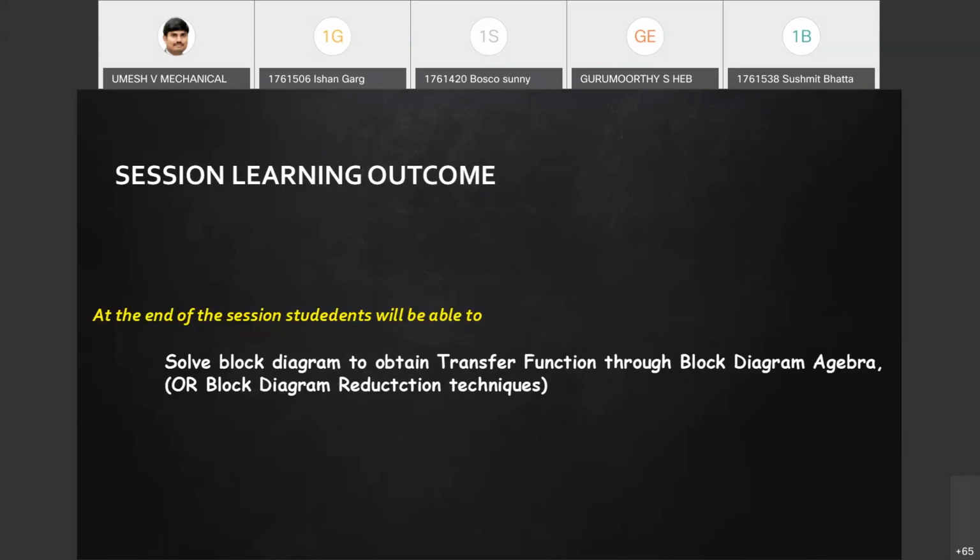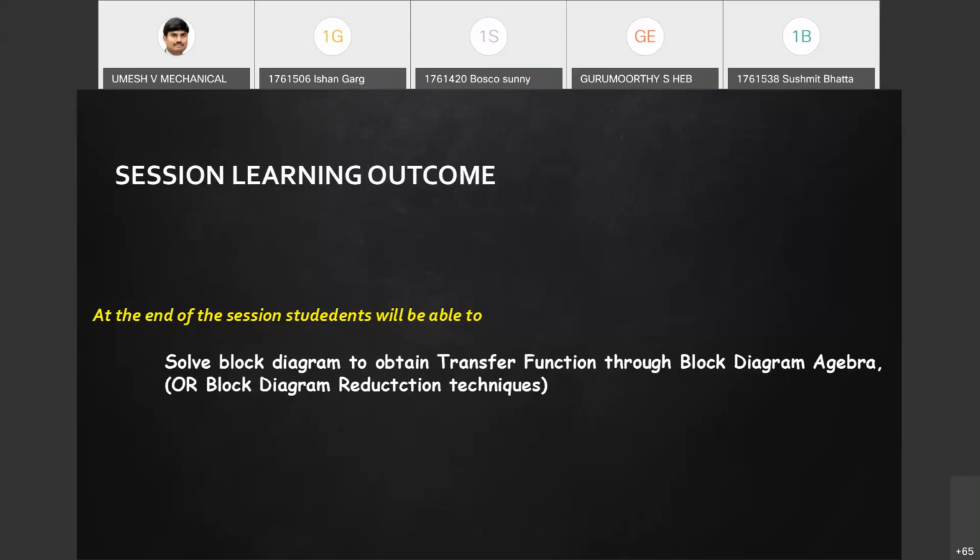How we can frame a block diagram using the transfer function, and then block diagram reduction, that the many loops in the block diagram are reduced to a single loop finally using a procedure called block diagram algebra. It has its own procedure, and then reducing the entire block diagram into a single loop.